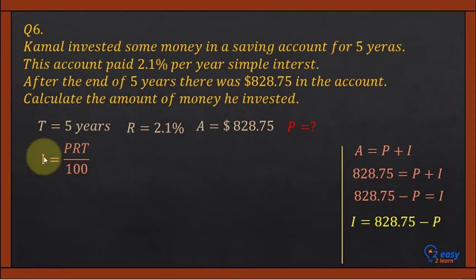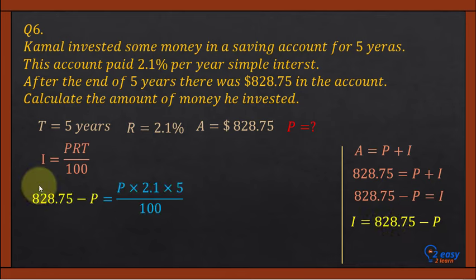Meaning that in the place of I, we will write 828.75 minus P. P we have to calculate. R is 2.1 and T is 5, divided by 100. Simplify this expression to get the value of P.